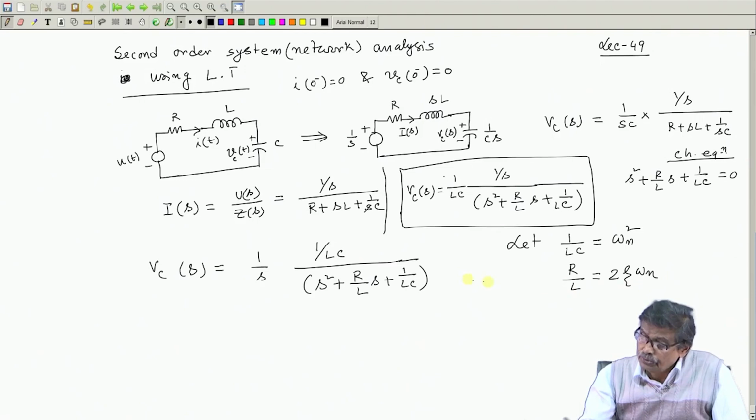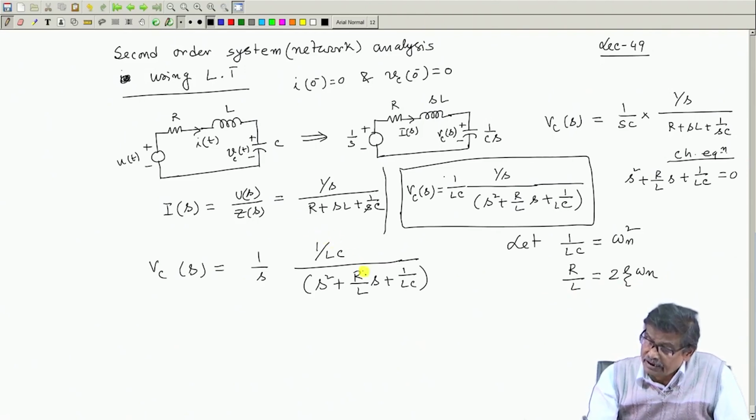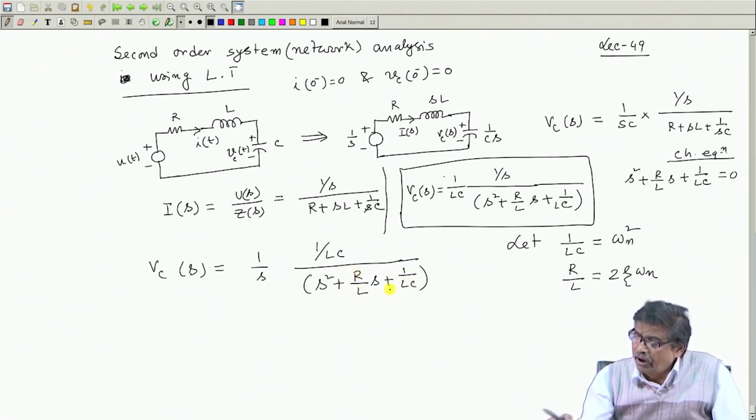That is, these two things are the unknowns, 1 by LC and R by L. So, I have translated those variables in terms of another two quantities, which are omega n and zeta.